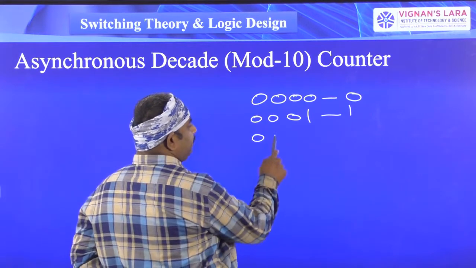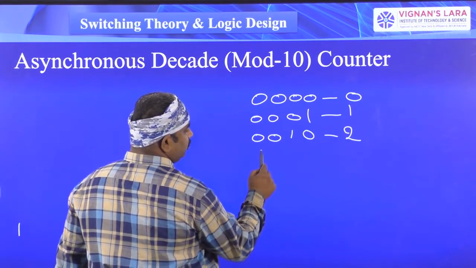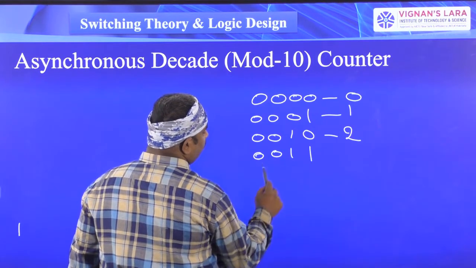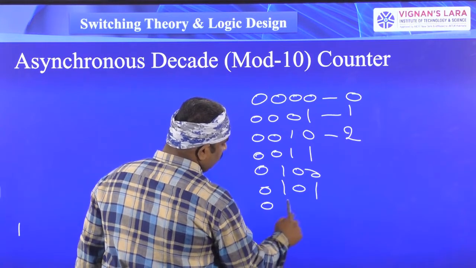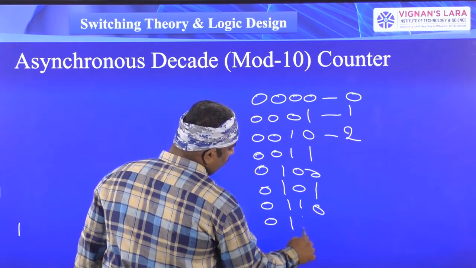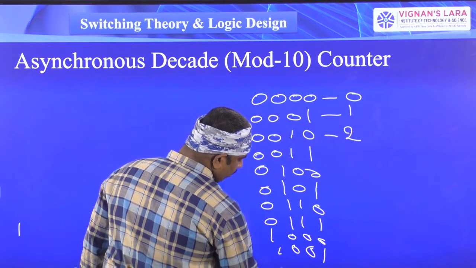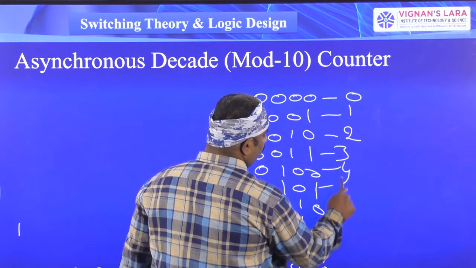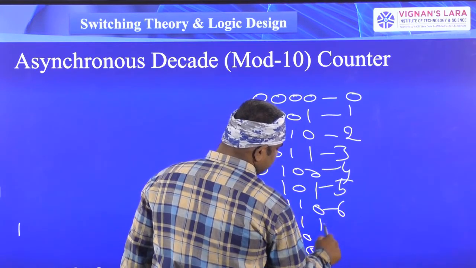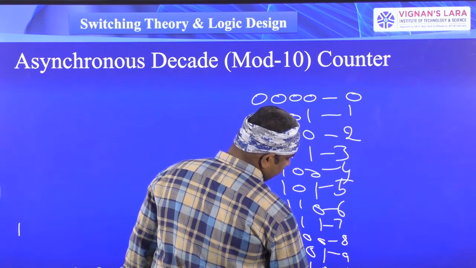Like that, it should perform a total of 10 counts. So 0, 0, 1, 0; 0, 0, 1, 1; 0, 1, 0, 0; 0, 1, 0, 1; 0, 1, 1, 0; 0, 1, 1, 1; 1, 0, 0, 0; 1, 0, 0, 1; 1, 0, 1, 0. So this is equivalent to 3, 4, 5, 6, 7, 8, 9, and this is 10.